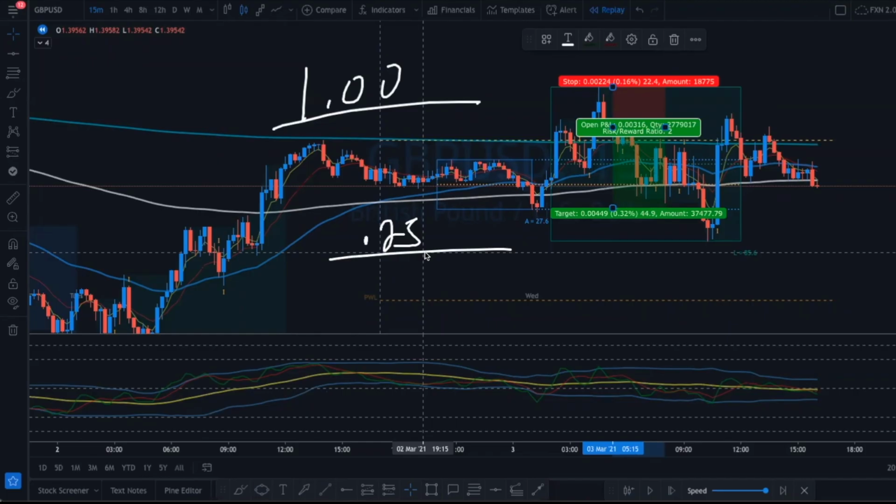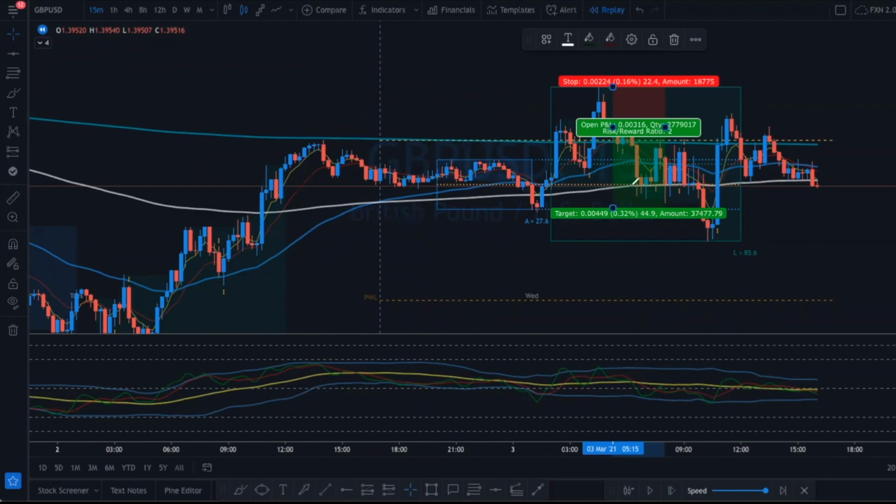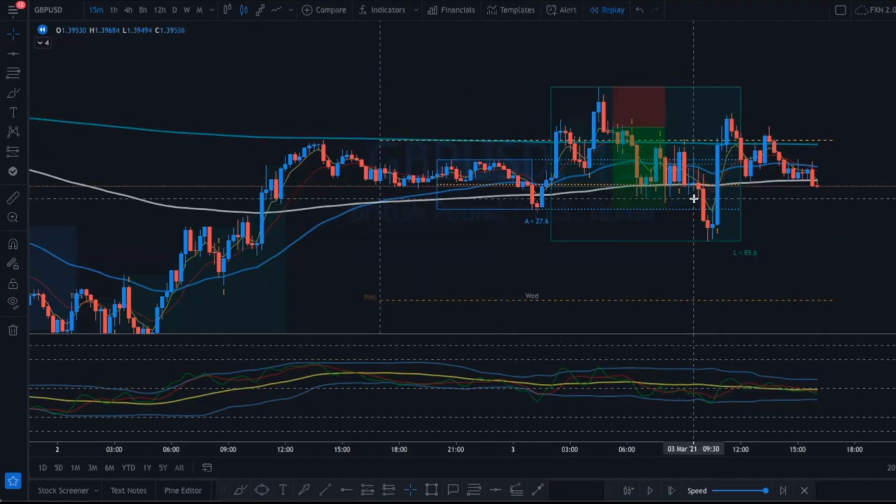You're going to feel a whole lot better if you just lose $25 or $20, compared to losing $200. Another thing as well is that you've got to ask yourself, how many pieces of confirmation do I have?